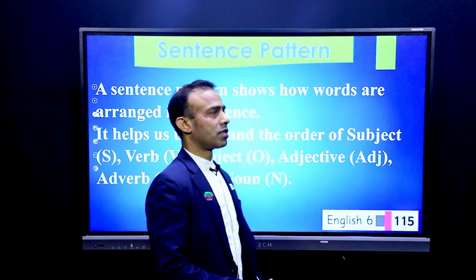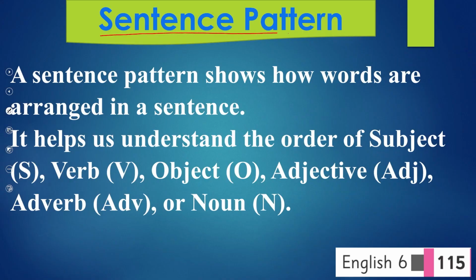Look at this. What is this? Sentence pattern. A sentence pattern shows how words are arranged in a sentence. So it is very clear from this simple definition what a sentence pattern is.